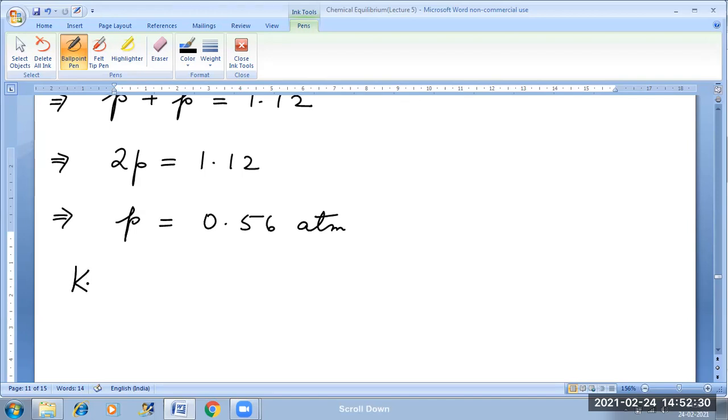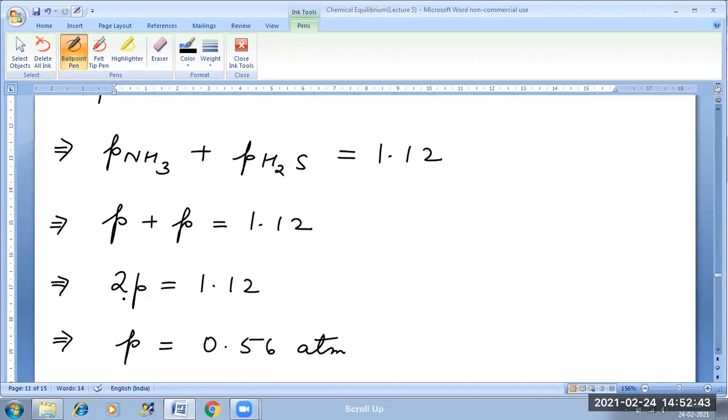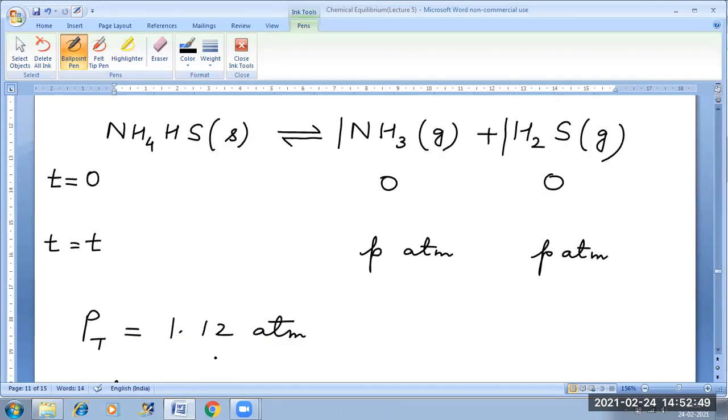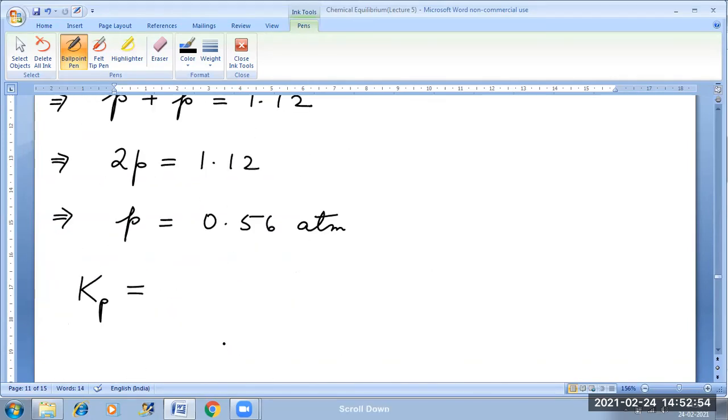Now Kp, the question has asked us to calculate the value of Kp. Kp will be partial pressure of NH3 to the power of 1 into partial pressure of H2S to the power of 1, because 1 is the stoichiometric coefficient of each of these.